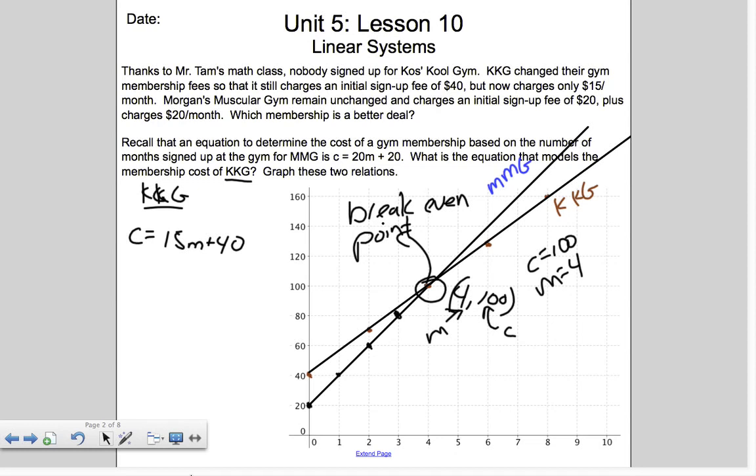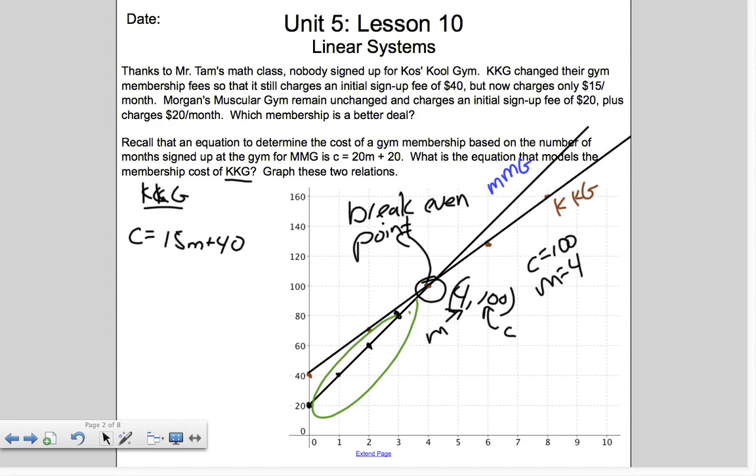So if I go to the gym less than 4 months, then this one here is the better deal.